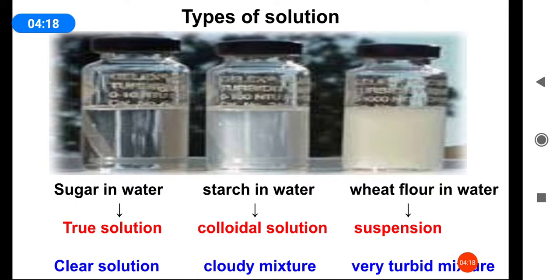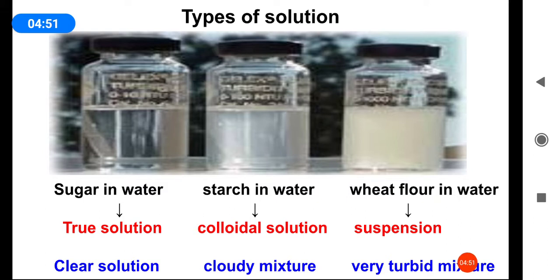In the second bottle, the solution of starch and water, we get a cloudy mixture. This mixture is called a colloidal solution. In the third bottle, wheat flour mixed with water, we get a very turbid mixture and fine particles slowly settle down at the bottom.